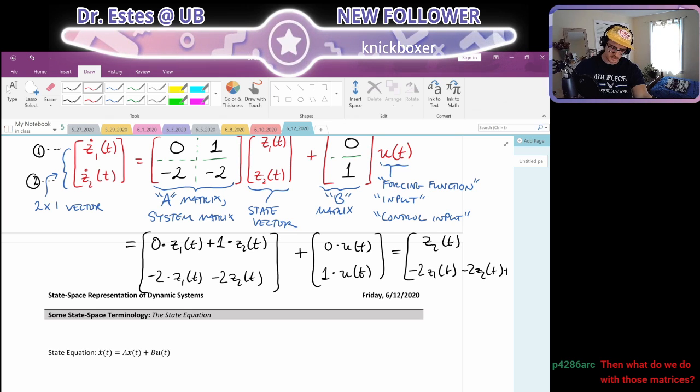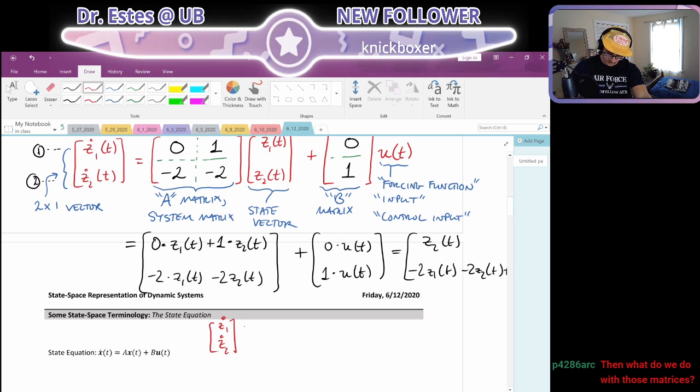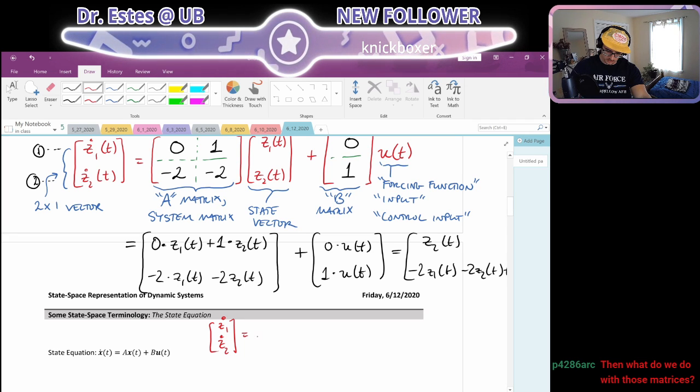So this equation that we wrote, it's called the state equation. So let's write it out like this. Z1 dot, Z2 dot is equal to A. Maybe I'll put a box around it so you see it's a matrix.